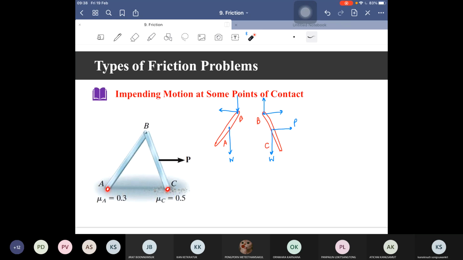At the contacting points A and C, there are normal forces at A and C.